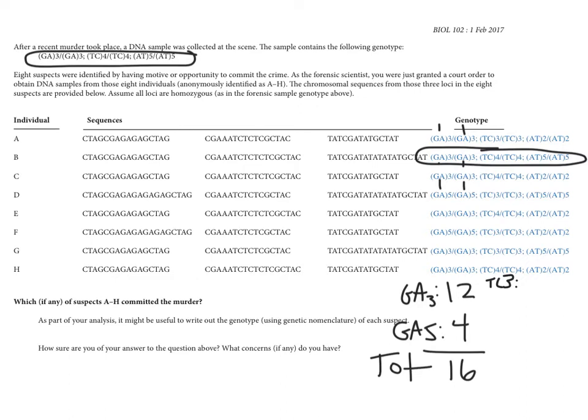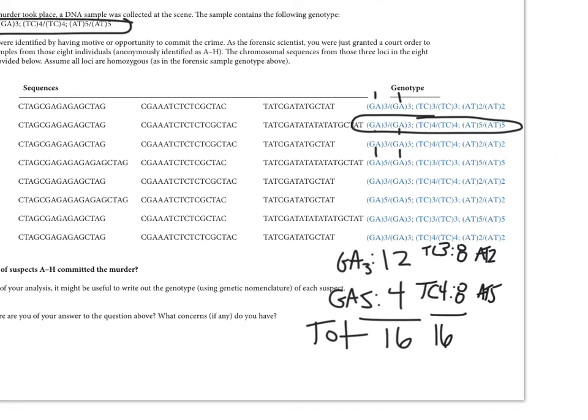There's 8. Must mean that there are also 8 TC4s. Also totals 16. And then AT2 and AT5. 10 AT2s. And 6 AT5s. Okay.